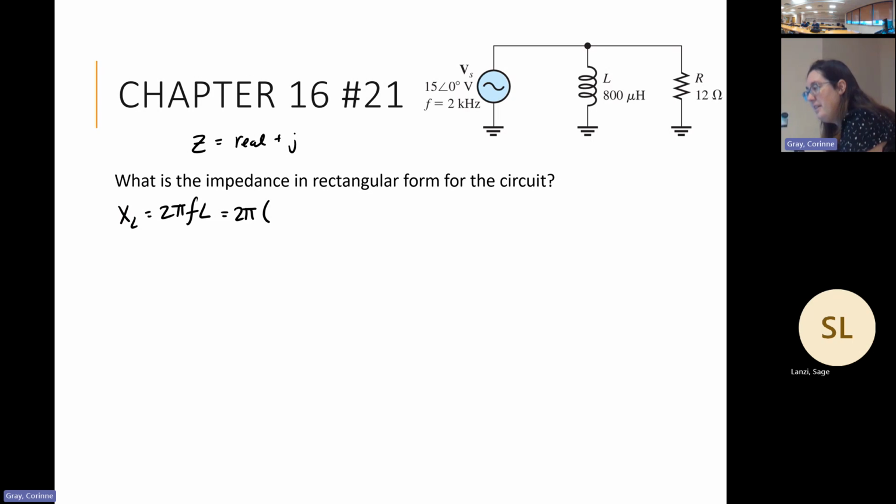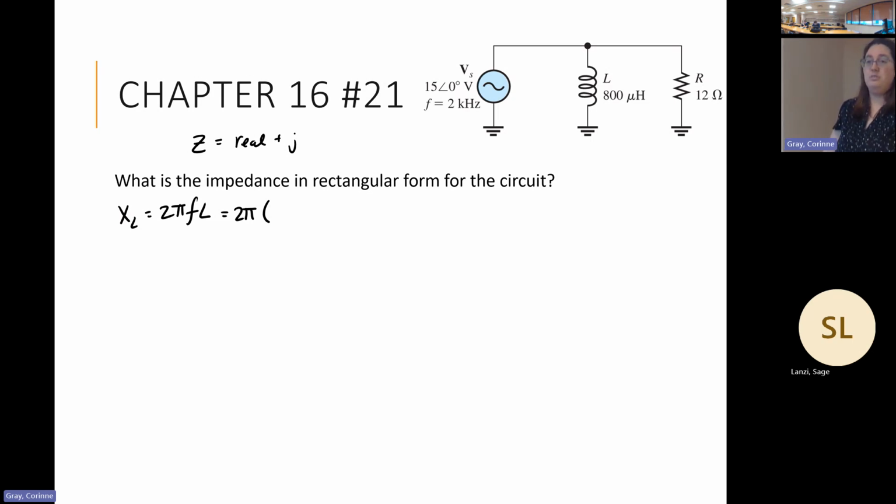In this case, that does not matter. It would matter if we wanted to find the voltage across the different components, which we're not doing in this case. Have we done it in class? It was not something like this, though. So we don't always necessarily need the angle.